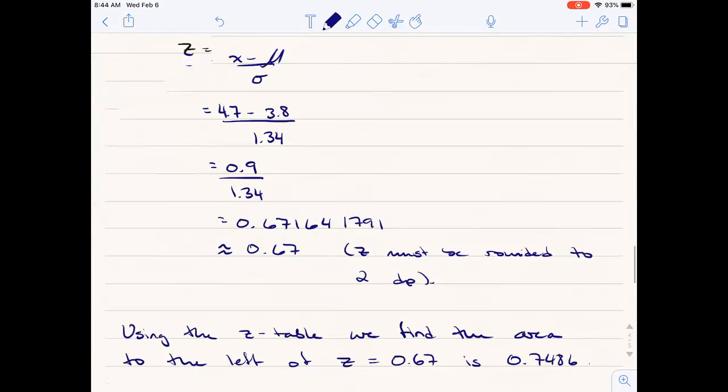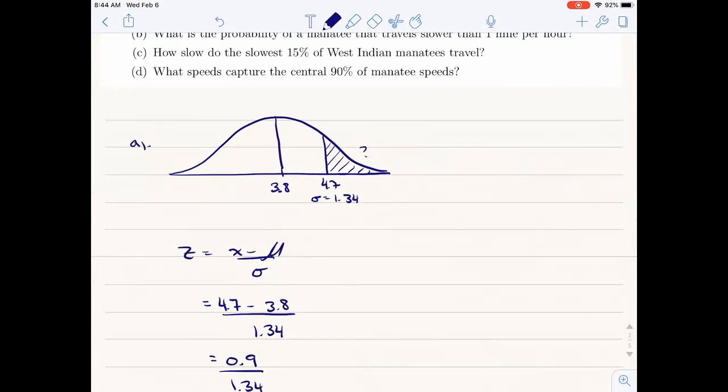We don't want the area to the left, right? But the table always just gives you the area to the left, and then you have to know if you want the area to the right. So therefore, knowing that the total area is 1, we also know the area to the right.